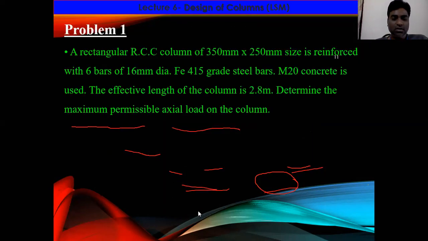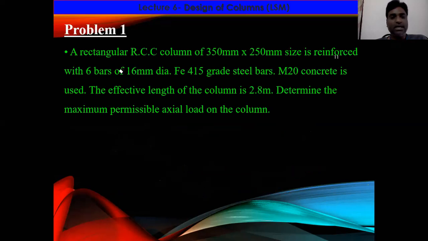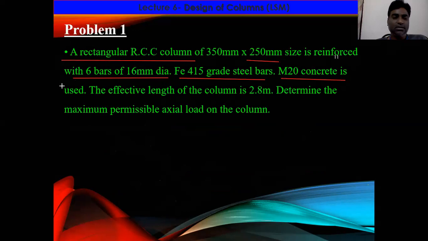So let us solve one problem for clear and better understanding. A rectangular RCC column of 350 by 250 size is reinforced with 6 bars of 16 mm diameter, and uses Fe415 grade steel and M20 grade concrete.